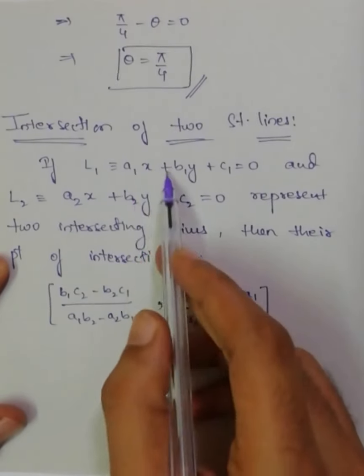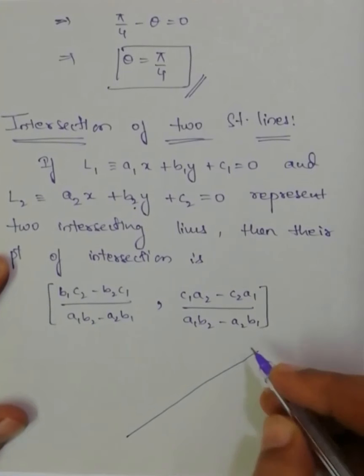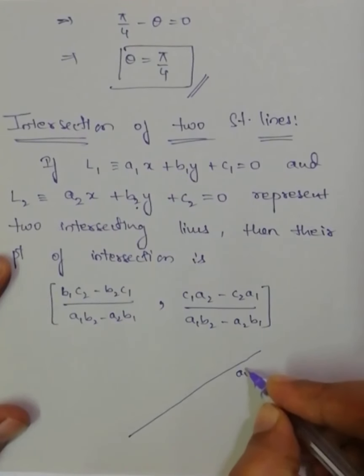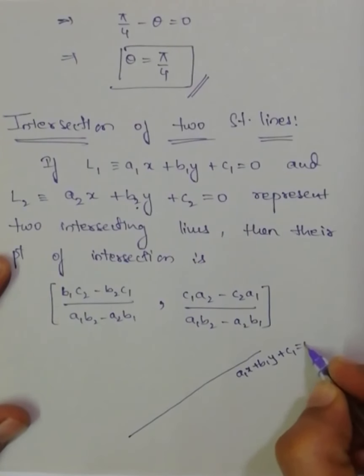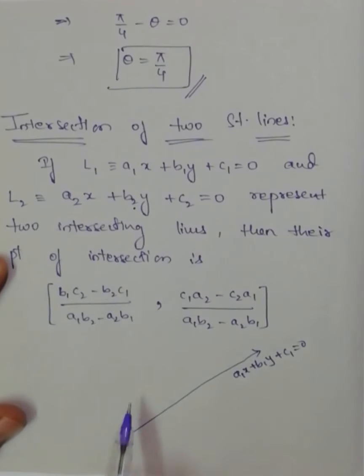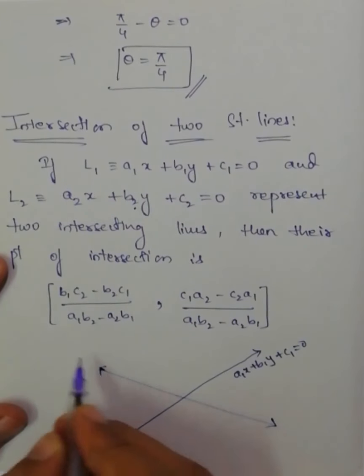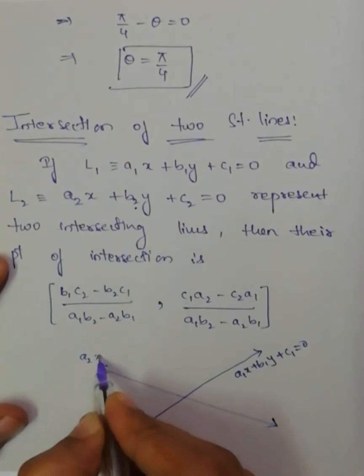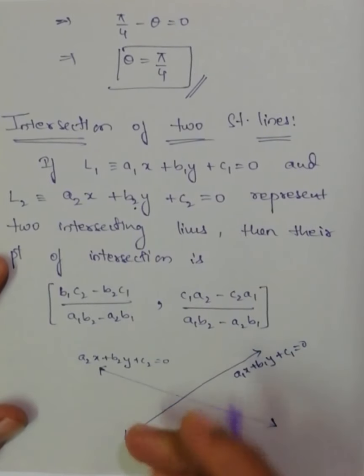Suppose there are two lines. One line is this one, a1x plus b1y plus c1 is equal to 0. This is the line L1. Let us take another line, this one is L2: a2x plus b2y plus c2 is equal to 0.